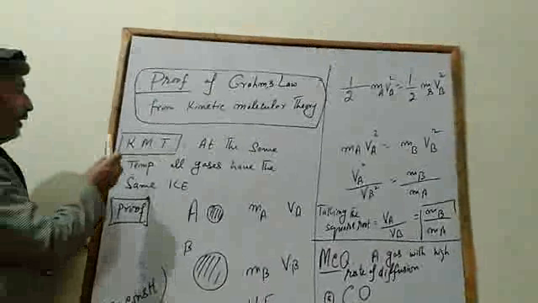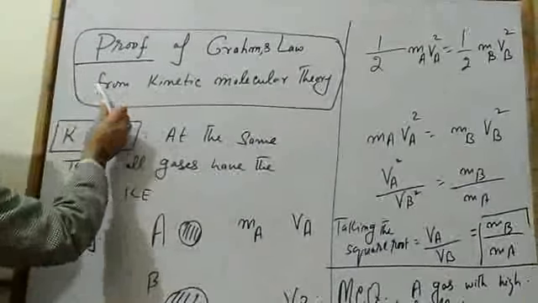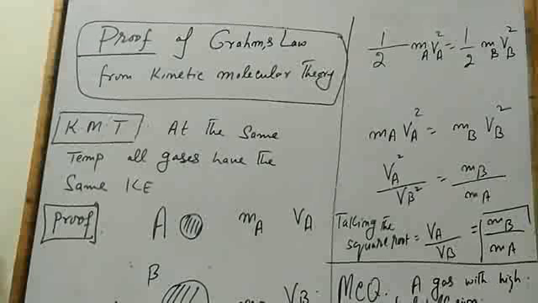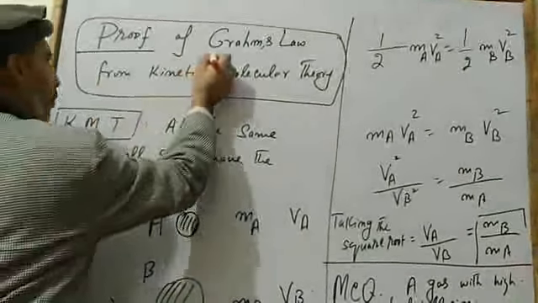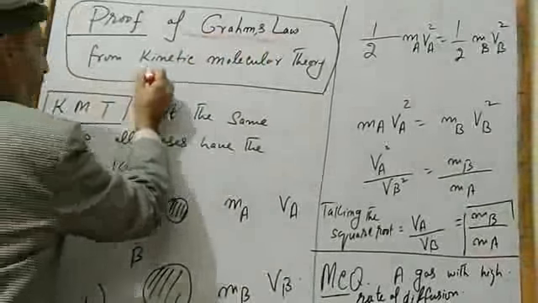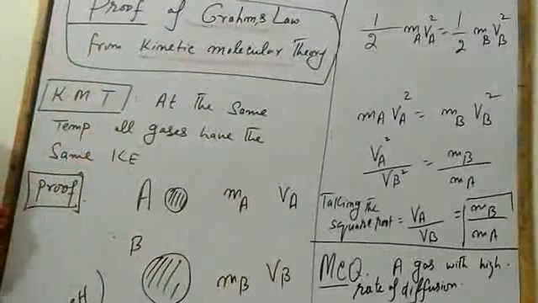Okay, so another topic is proof of Graham's law from kinetic molecular theory. Right now we have discussed Graham's law of diffusion, and now we have to correlate Graham's law with the postulates of kinetic molecular theory.